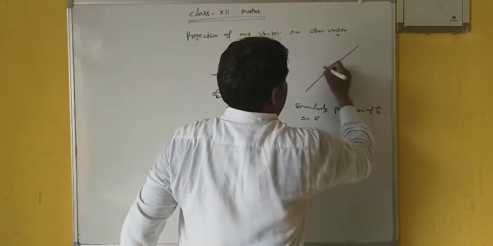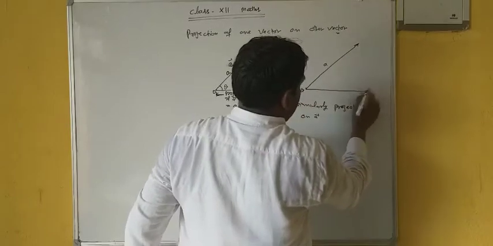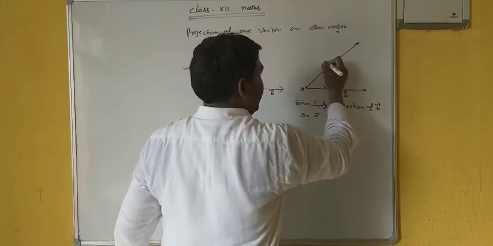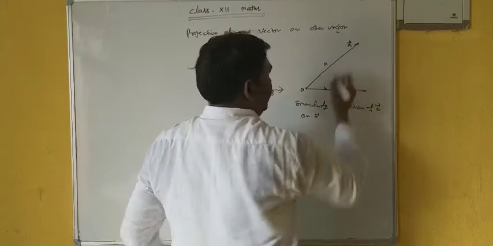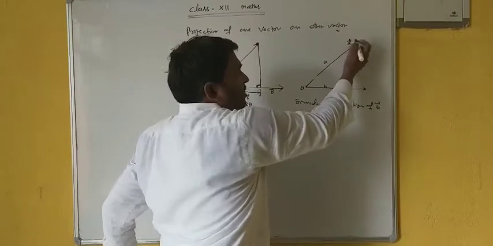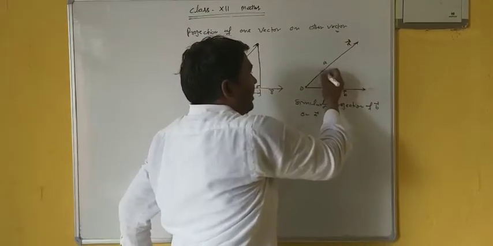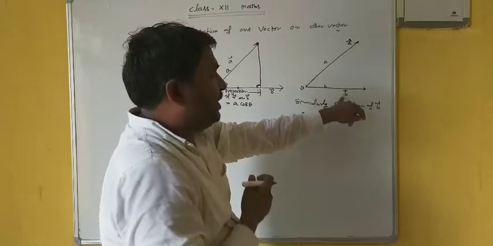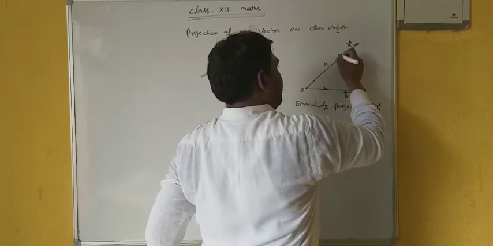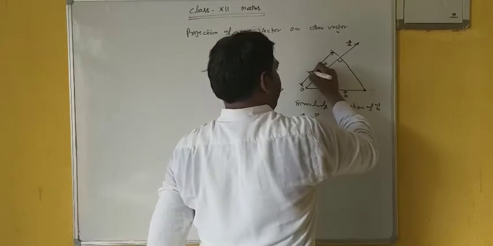Suppose this is your vector A, and this is your vector B, its magnitude is B, and this is your vector A with magnitude A. If you have to find the projection of vector B on A, from the tip of B you need to draw a normal on A. From here to here, this is your projection of B on A. So this is B cos theta.